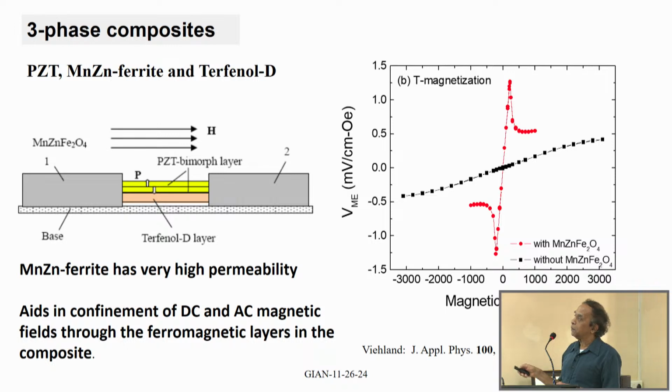Once you introduce the third phase, which confines the field lines through the volume of the bilayer, there is a huge increase in the magnetoelectric response that is shown with this variation. So, there are several things you can do to manipulate the magnetoelectric response by introducing a foreign material, a third layer and so on.